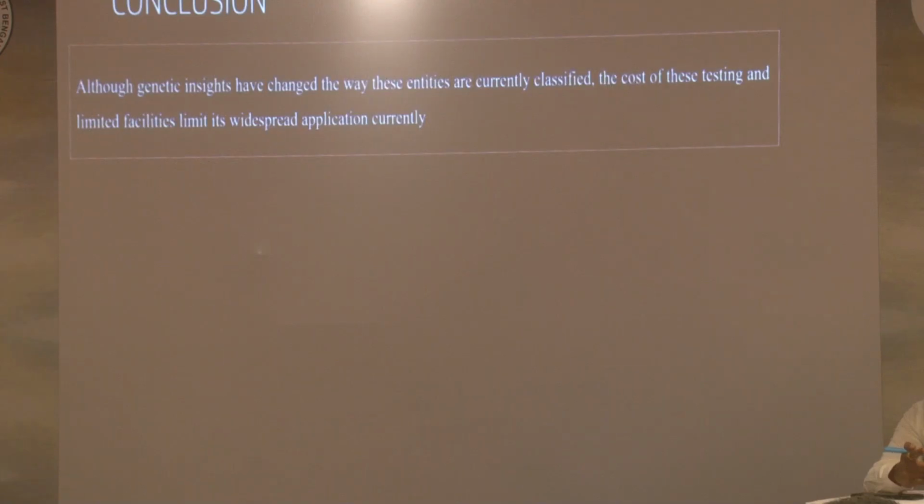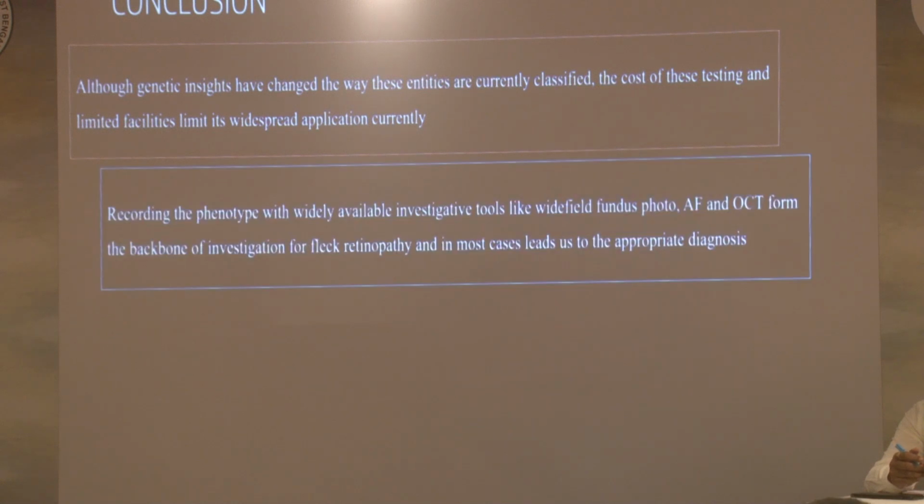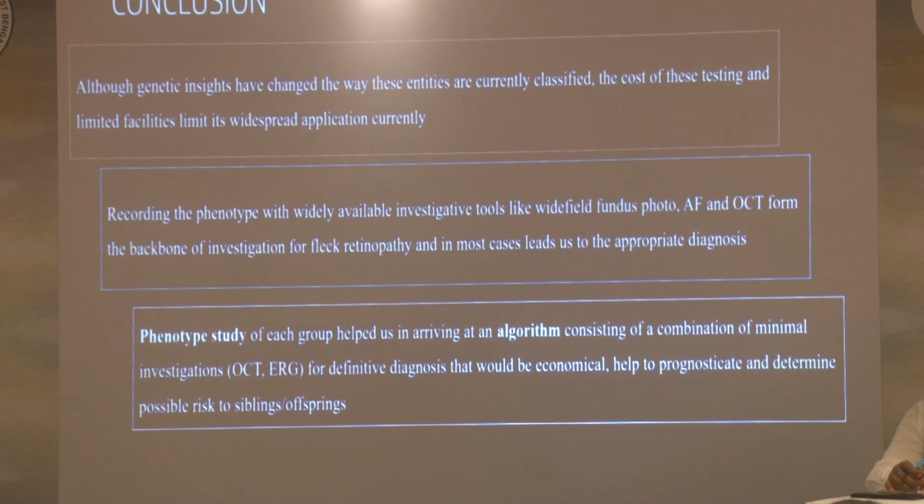So just to conclude, although genetic insights have changed the way these entities are currently being classified, genetic testing is out of reach for a lot of people in our population. Phenotypic assessment is very important with all the tools that you have in your clinic, and the phenotypic study has helped us form this algorithm where with minimal possible investigation we can prognosticate, diagnose, and even give a risk assessment to the siblings and offspring. Thank you.